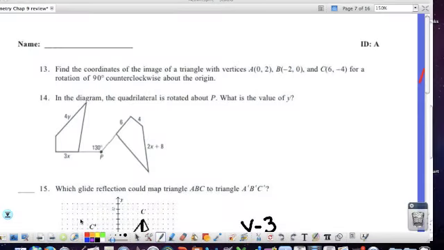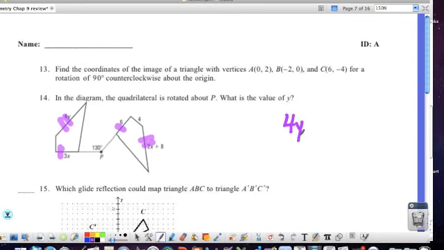Okay, so for number 14, we want to find the value of y. The first thing I want you to get is, since we're rotating, this is congruent to this, and this is congruent to this. But if I try to set up 4y equals 2x plus 8, I can't do it because I have two variables.